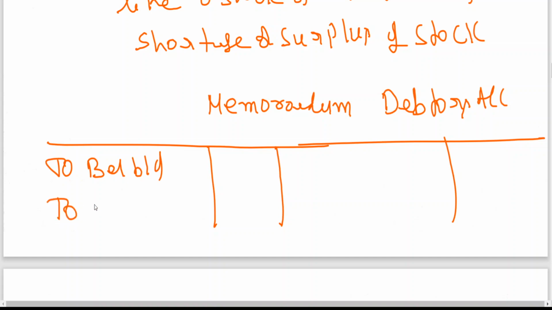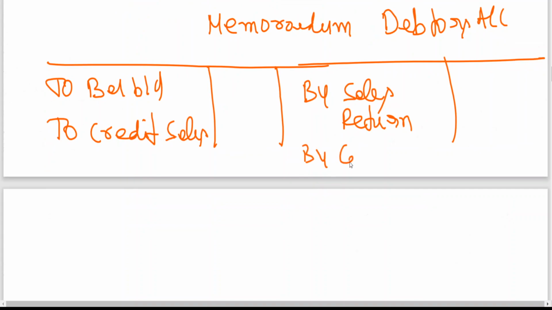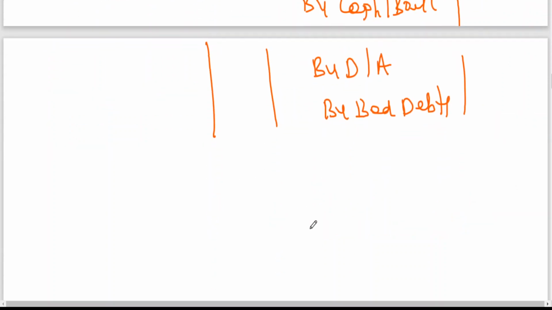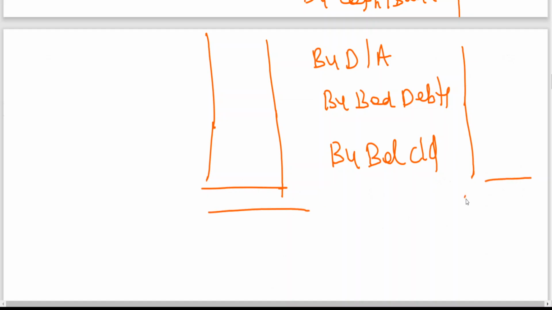To balance brought down, to credit sales, by sales return, by cash or bank, by discount allowed, by bad debts, by balance carried on. This is debtors.